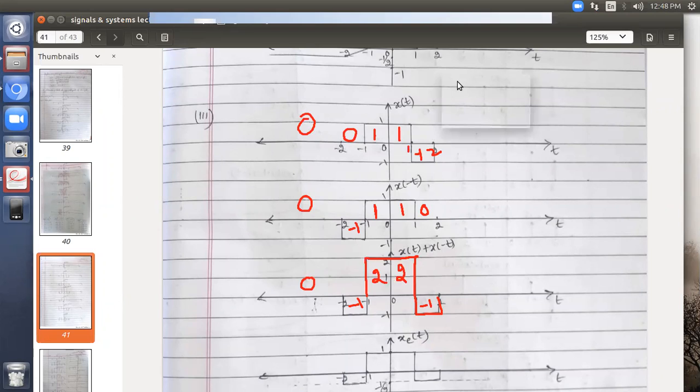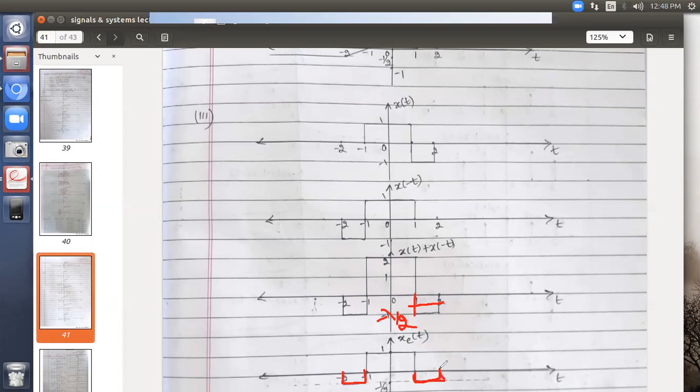Now what is the next step remaining? The last step is to divide the amplitude by half. Check the amplitudes here. Here the amplitude is minus 1. If you divide it by 2, this will become half, so you see only half of this. A complete one will be this much, half will be this much.